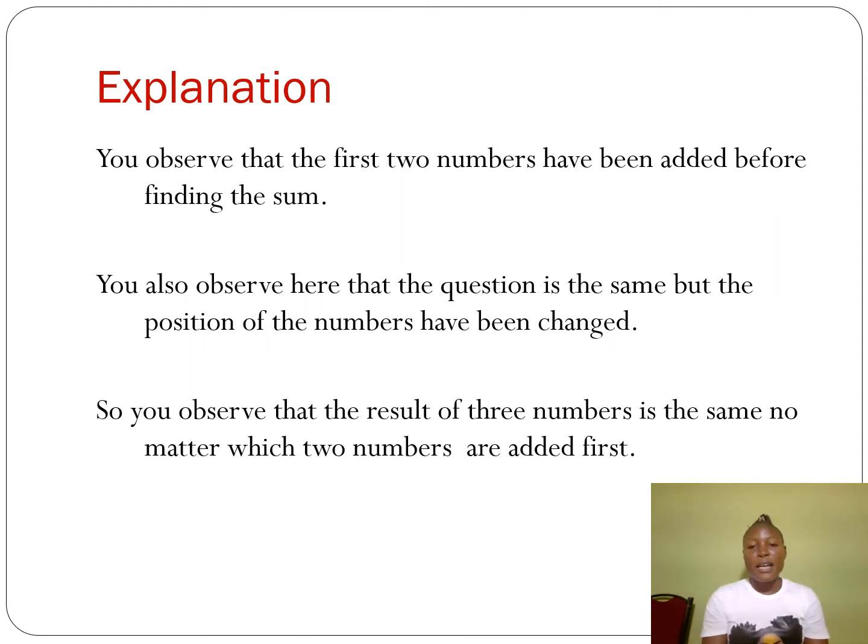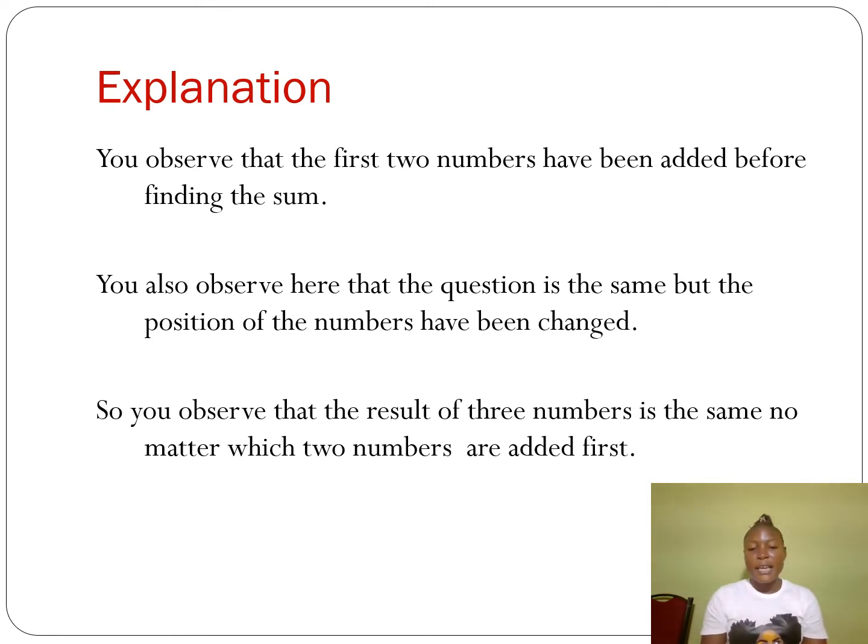You observe that the first two numbers have been added before finding the sum in the first example. In the second example, the question is the same, but the positions of the numbers have been changed.